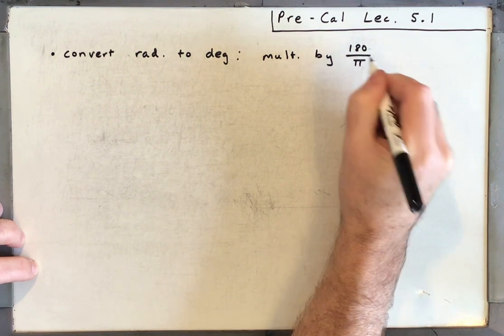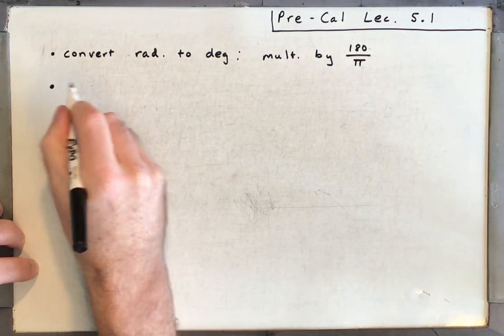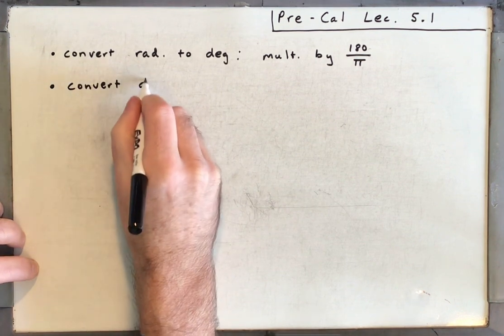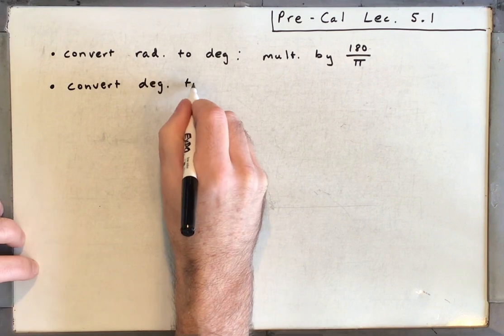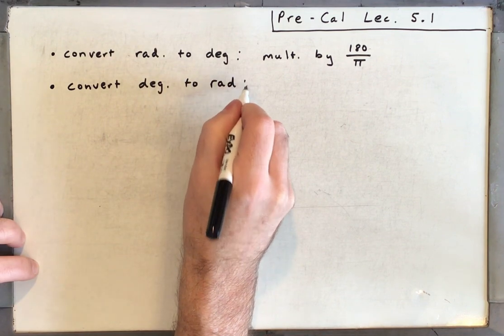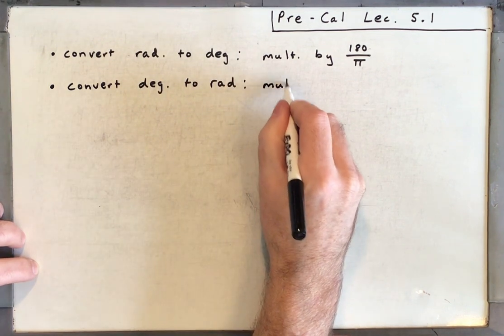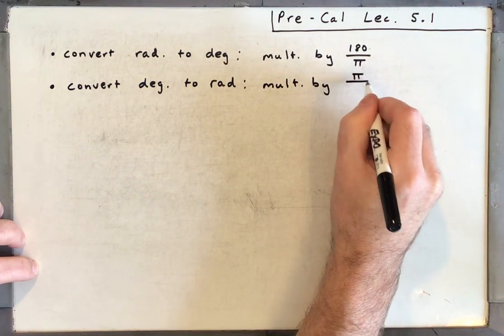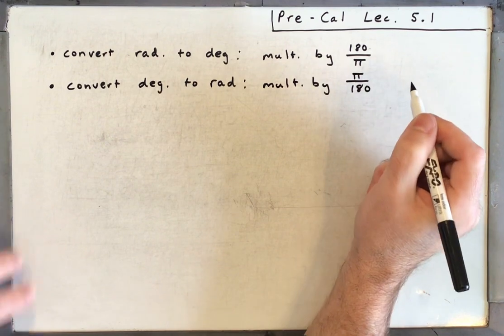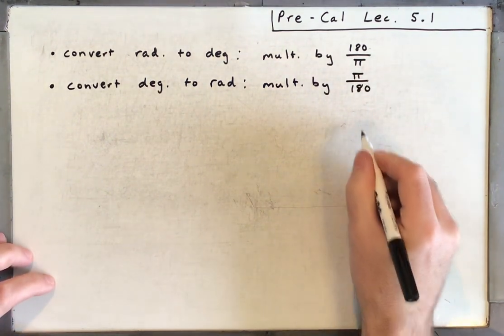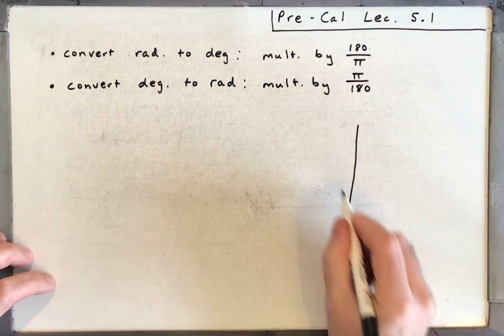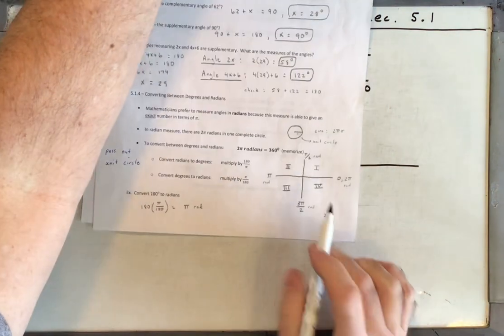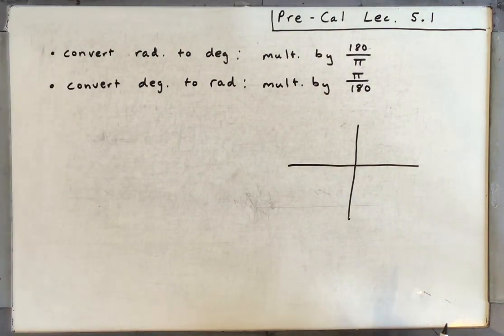This is in your notes. And then to convert degrees to radians, we're going to multiply by the reciprocal, pi over 180. I'm just going to draw out a coordinate plane in your notes. I know you have it on the unit circle, but we need to get used to this.